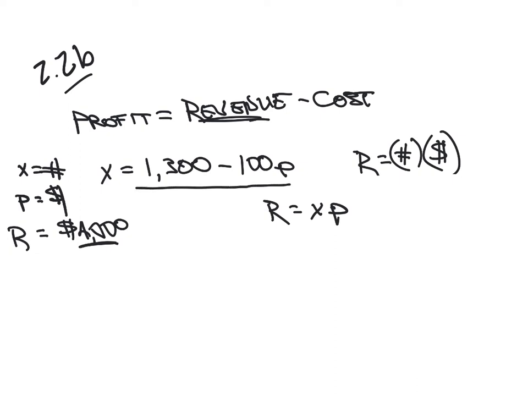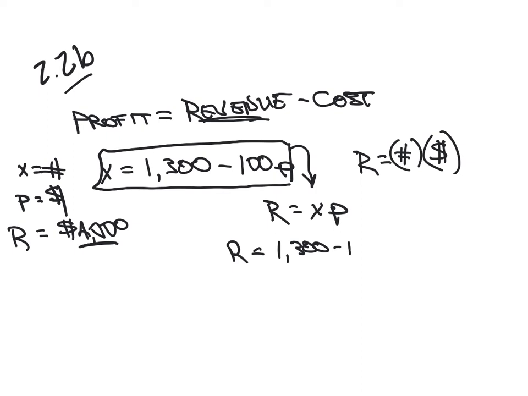They told me that X equals that. So what I'm going to do is replace X with that. So I'm going to get R equals 1,300 minus 100p times this P. And that's what my revenue is going to equal.